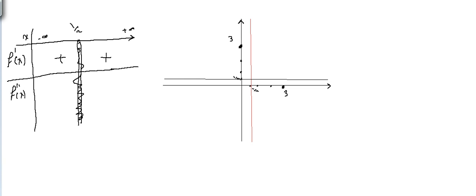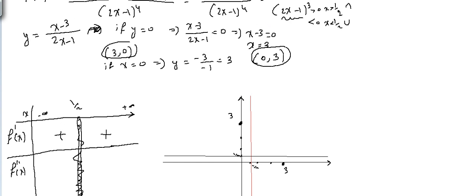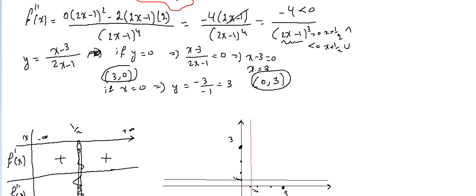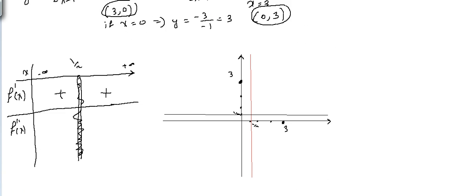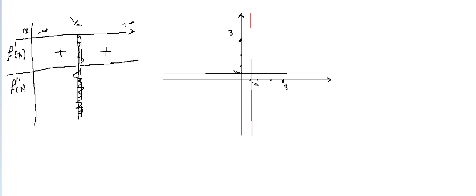We found that if x is greater than half, the concavity is downwards, and if x is less than half, the concavity is upwards. So now we can fill in the table around half of x.